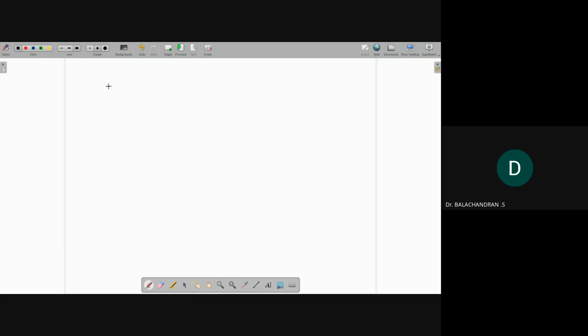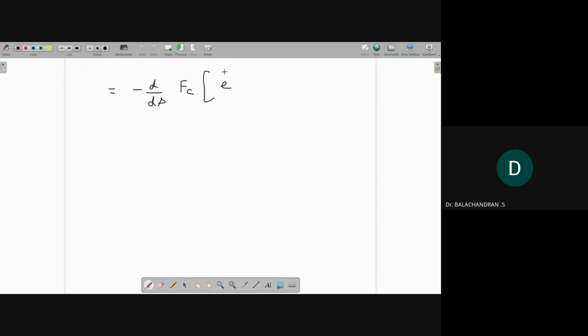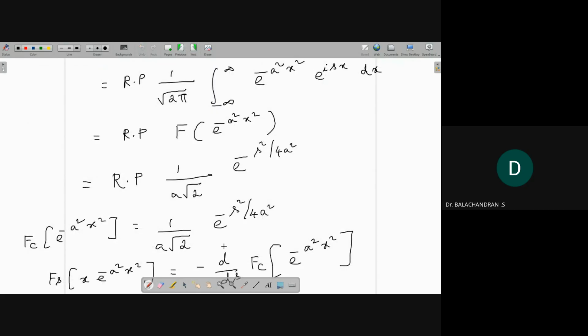So this is equal to minus d by ds of Fc of e power minus a square x square.